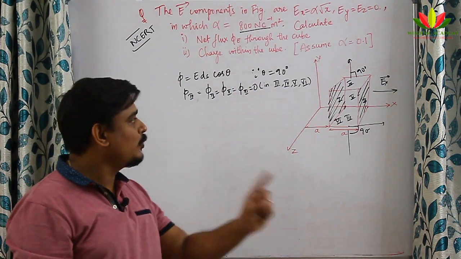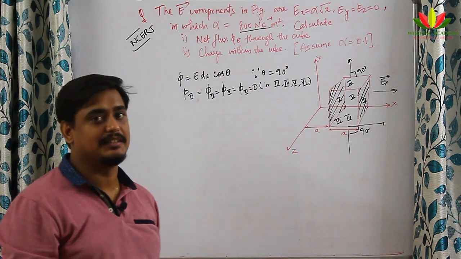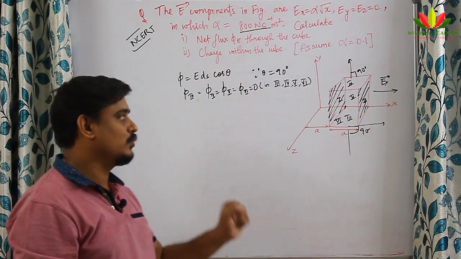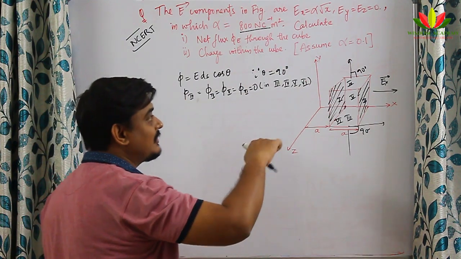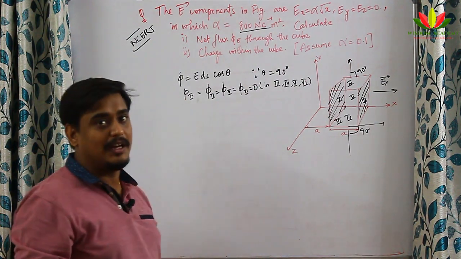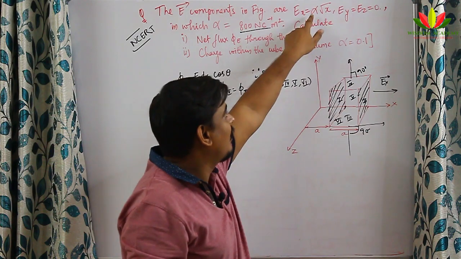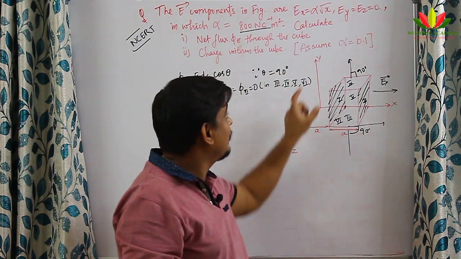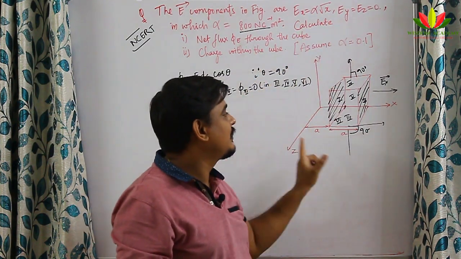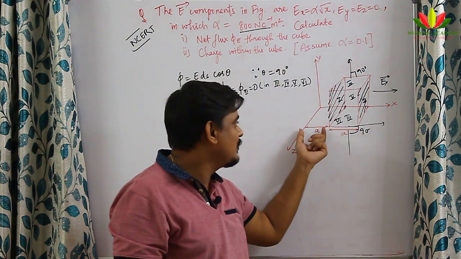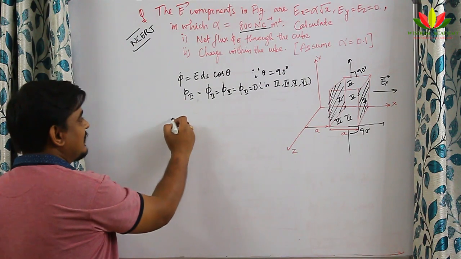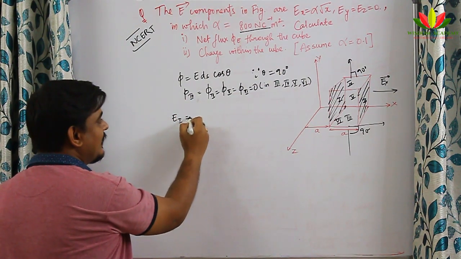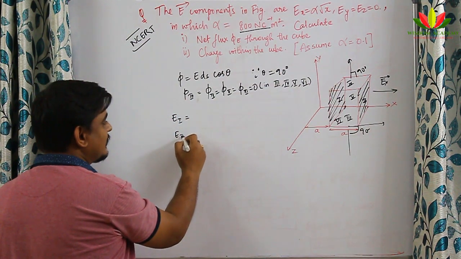So, we need to worry about only two faces, the first face and the second face, and we have to find the value of phi for those, right. For finding the phi for those, we first want to find the electric field, because the electric field is a factor of alpha root x, and x is different for both the cases. Here the x value is a, here the x value will be 2a. So I need to find the electric field for the first plane and the electric field for the second plane.